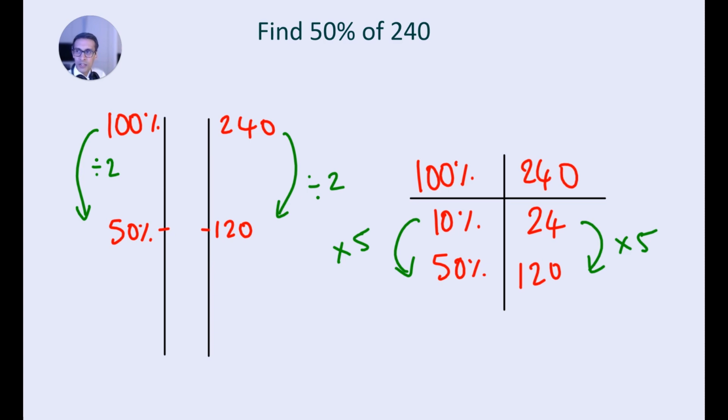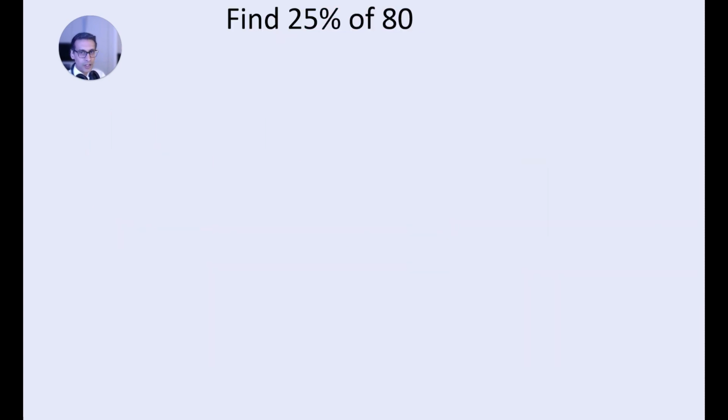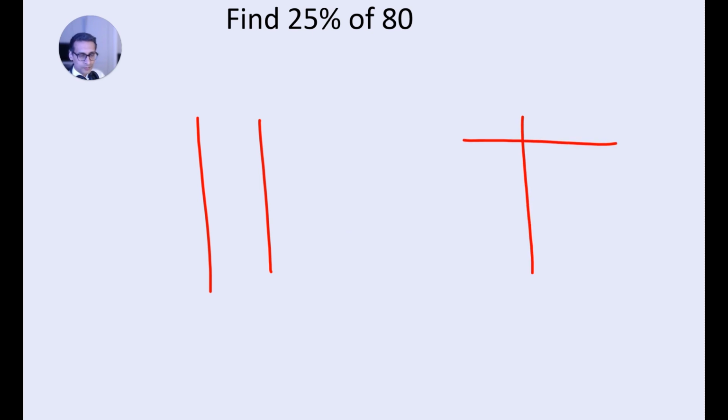Okay, next question. Find 25% of 80. So you can pick your method. Either use the double number line or the cross. Okay, so hopefully you've had a go with this. I am now going to show you how to work out the answer. So 100% is 80. And this time we can actually work out 25% straight away.